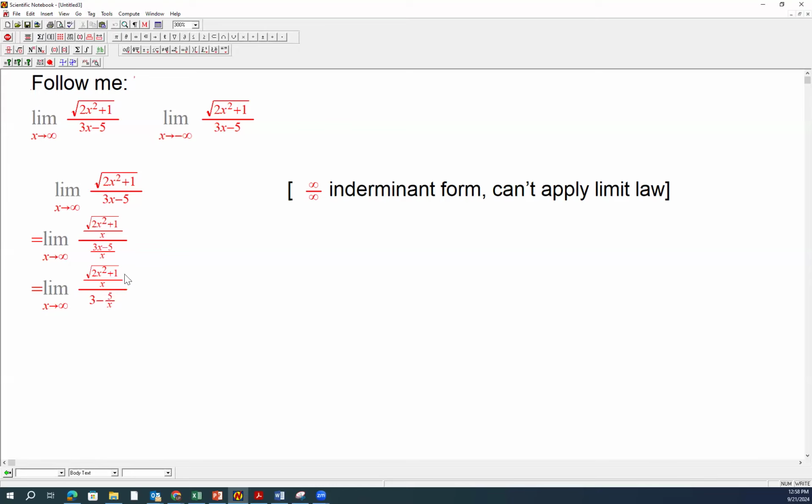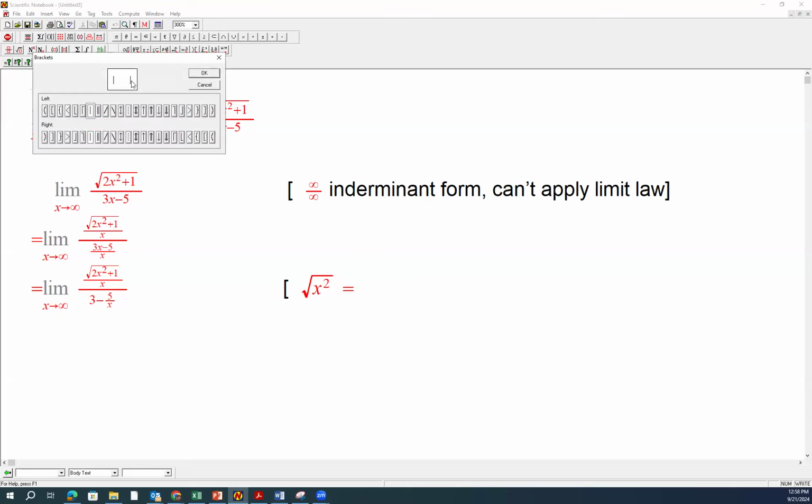But on the top, we want to take the x inside the square root, so x is going to turn into x squared. But it is not that simple, because we know there's the following relationship: the square root of x squared equals the absolute value of x.